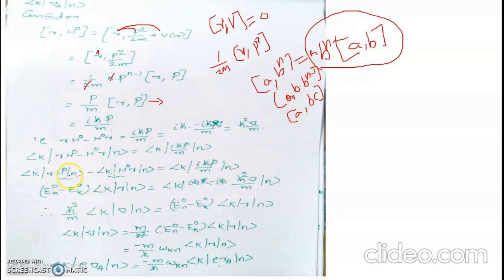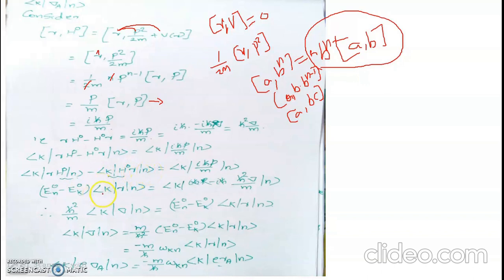Now H0 operating over ket n is En0 ket n, and H0 operating over adjoint ket K is of course Ek0 complex conjugate, but this is the eigenvalue of a Hermitian operator which is real, so that is Ek0 ket R operating over ket n. So from this term you have scalar product K R En0 ket n minus scalar product K Ek0 R ket n.